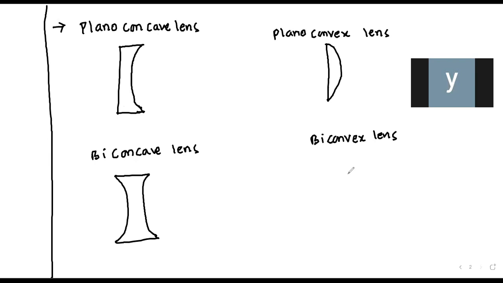Now you can see in the plano concave lens, this is my R1 and this is my R2. And here it is R1 and this is R2.